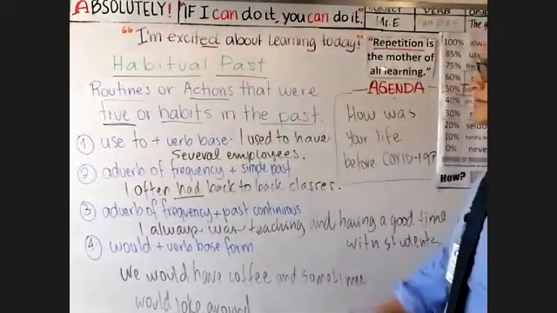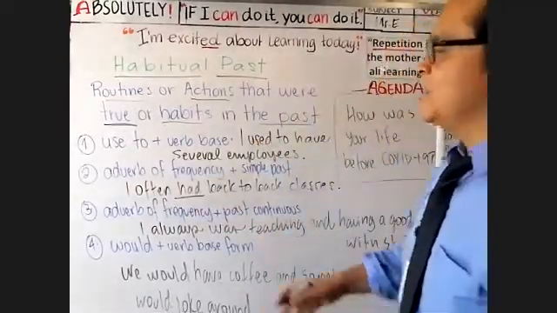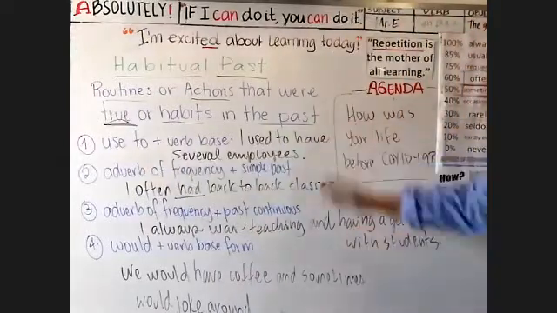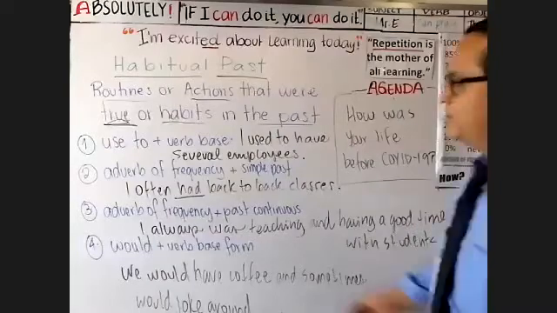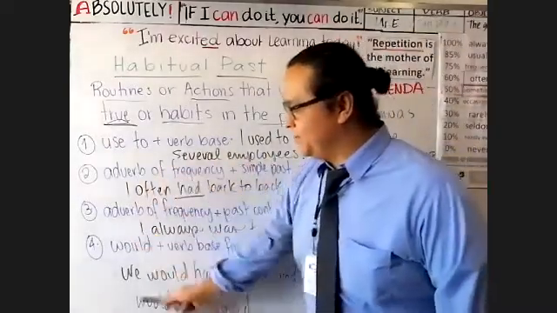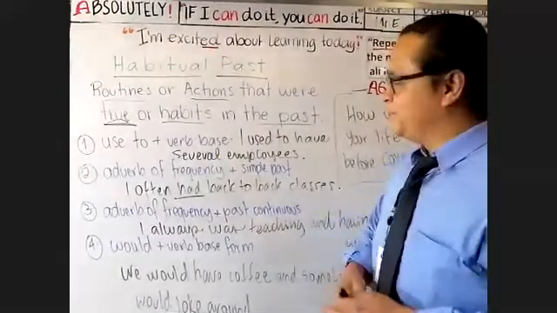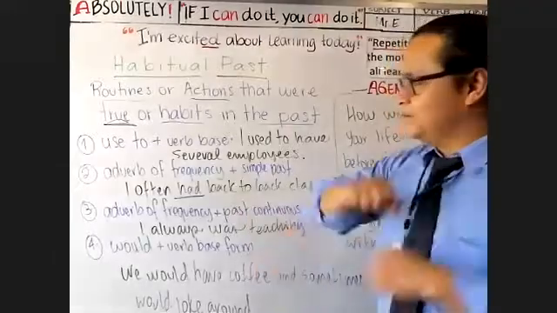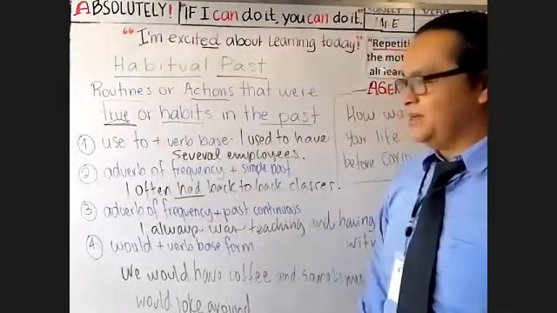Easy peasy. That's how I talked about my past routines, my past actions, or things that were true in the past tense. And that's what you're going to do as an advanced speaker. You're going to combine all of your, these are your weapons, right? Like in a video game. So this is your shield, this would be your sword, this would be a spear, perhaps this would be a machine gun, I don't know.